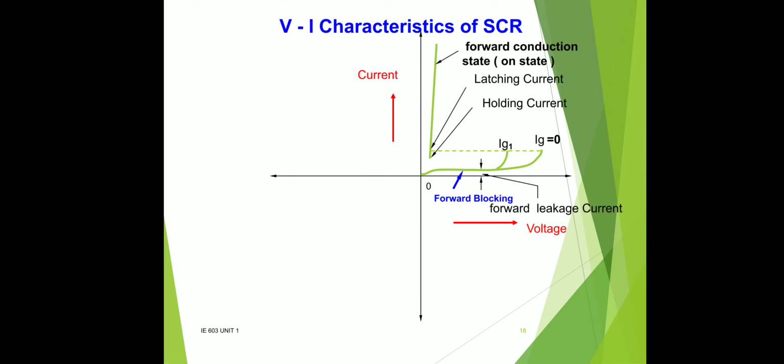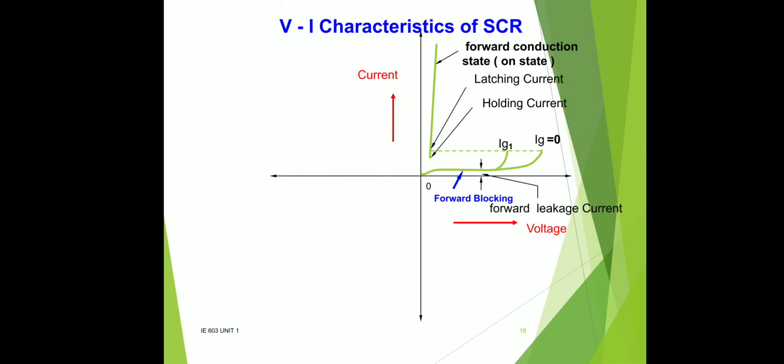That means the minimum current required to keep the SCR in the on state is called latching current at the time of triggering.